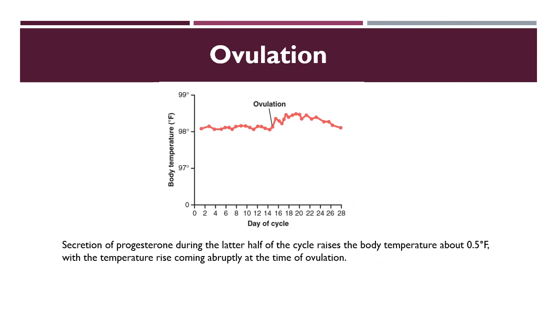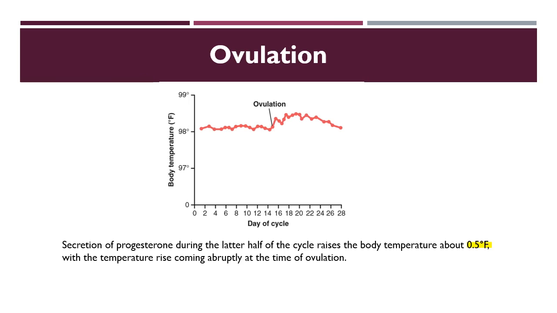One of the methods to identify the day of ovulation of the female sexual cycle is to measure body temperature during the ovarian cycle. So secretion of progesterone after ovulation is accompanied with a rise in body temperature of about 0.5 Fahrenheit.